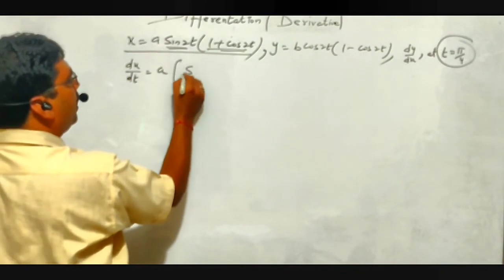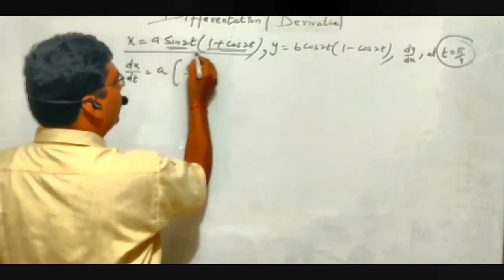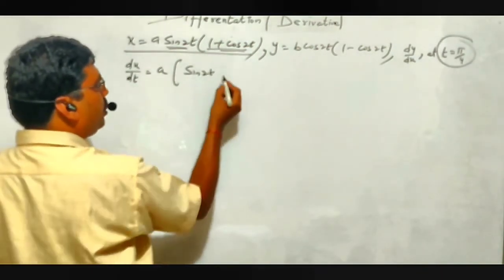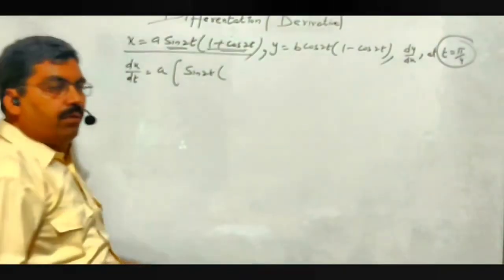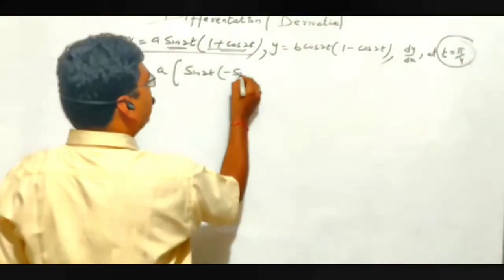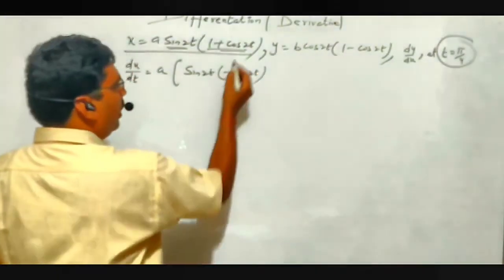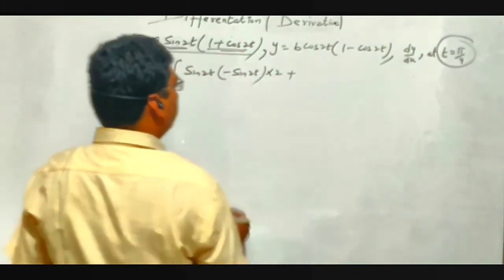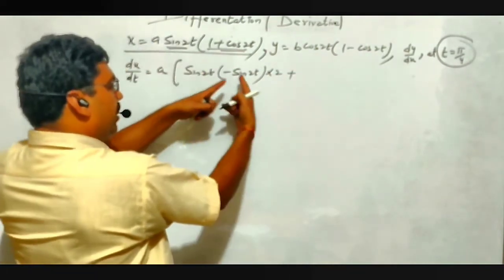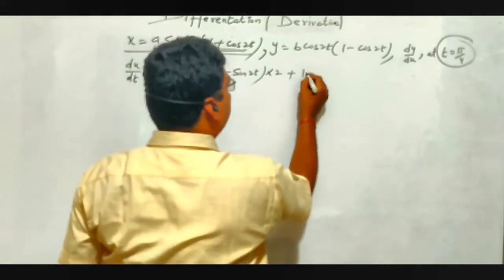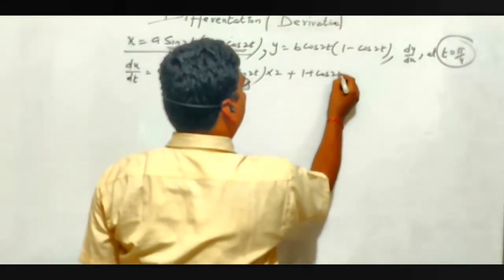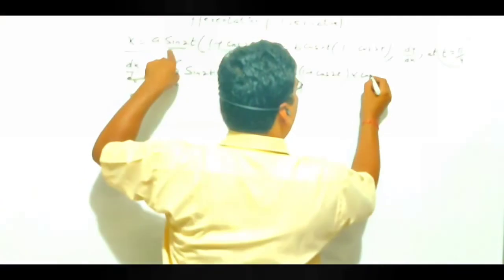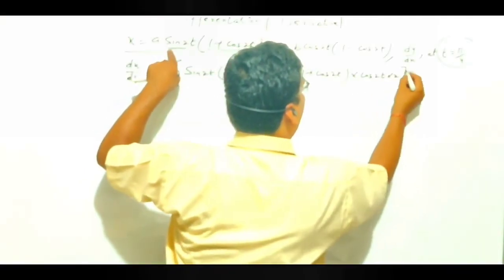Sin 2t first as it is, that is u as it is, times the derivative of v, in which the derivative of 1 is 0, and the derivative of cos is minus sin 2t, and the derivative of the angle 2, plus v as it is, times the derivative of u, which equals cos 2t into 2.